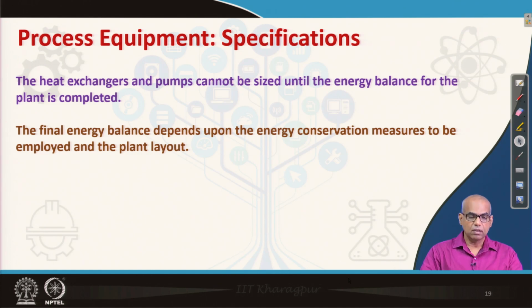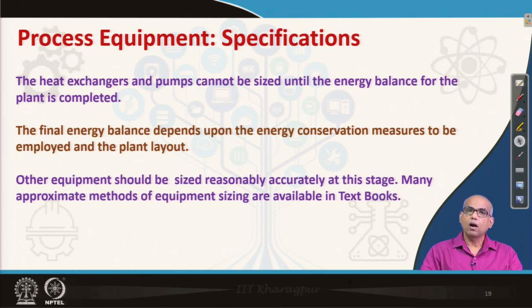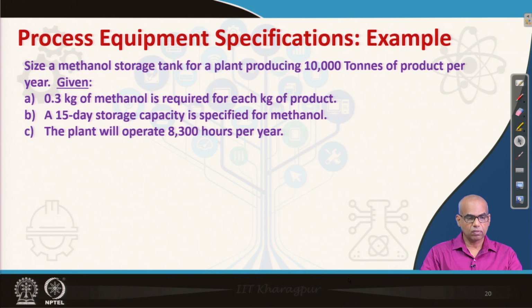That means the final energy balance will depend on the energy integration that you are going to adopt for your plant as well as on the plant layout. But all other equipment can be sized reasonably accurately at this stage. There are many approximate methods of equipment sizing available in textbooks.